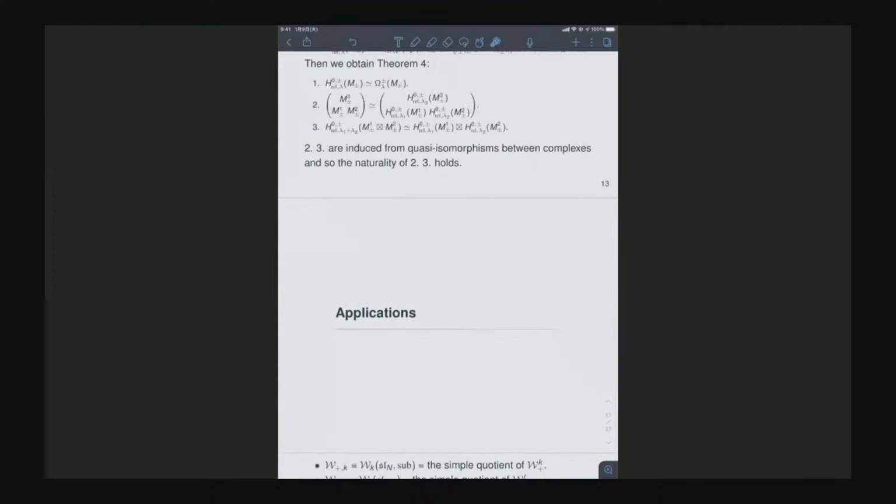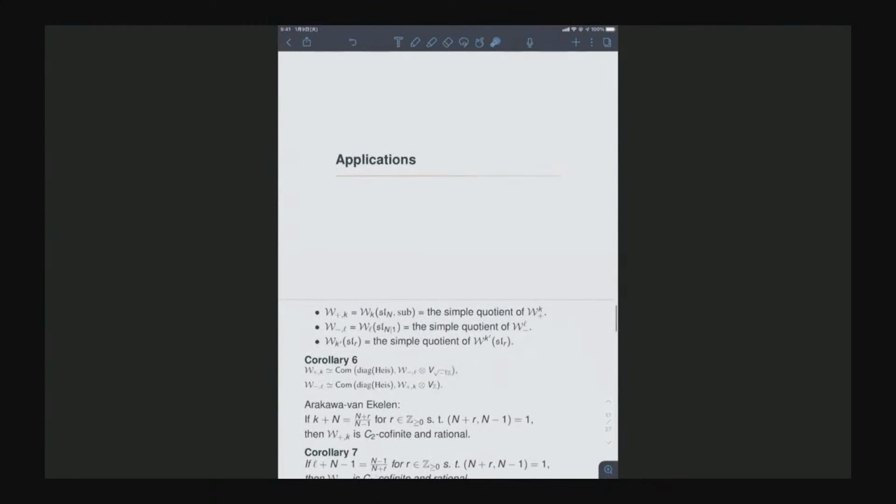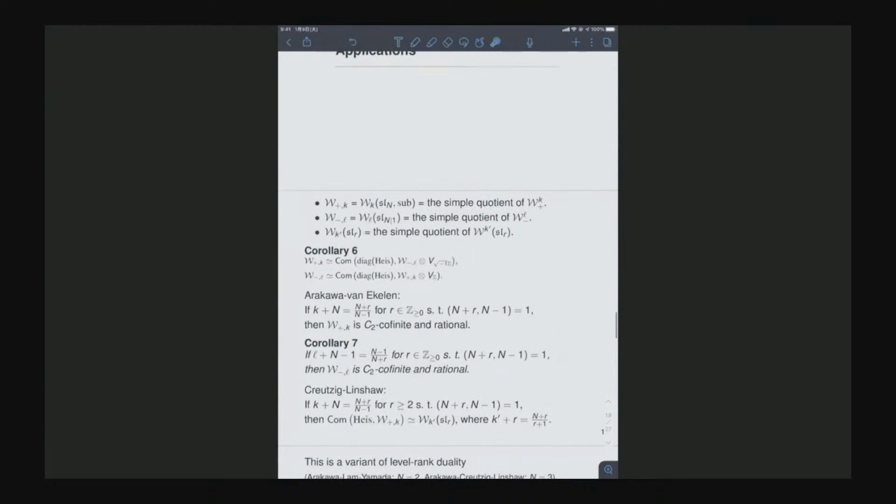So now we have proved all theorems I stated in the main theorem part. So we consider application. So now we denote W^+_K. This is a simple quotient of subregular W-algebra. And W^-_L is a simple quotient of the principal W-superalgebra.